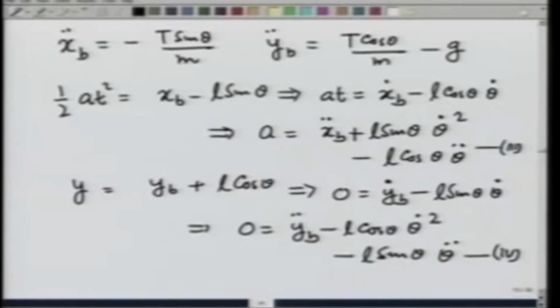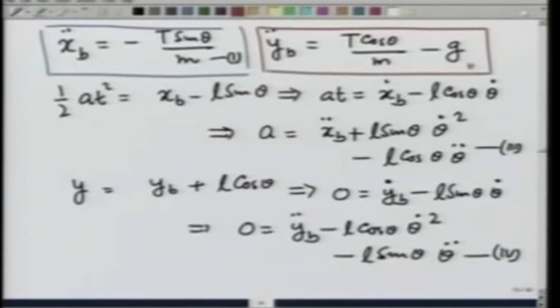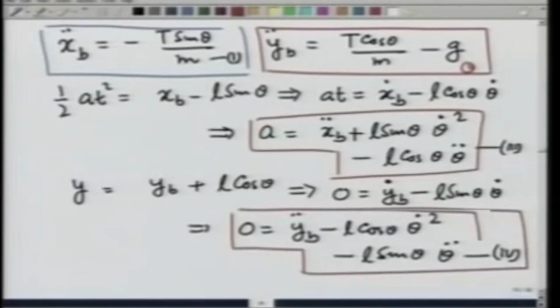So I have equation number 1 here. We box them. This is equation number 1, equation number 2, equation number 3, and equation number 4. Let me substitute for x b double dot in terms of T and y b double dot in terms of T in equation number 3 and 4. And what do I get?